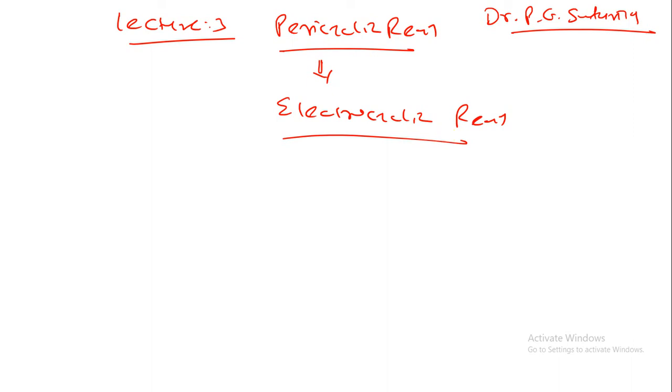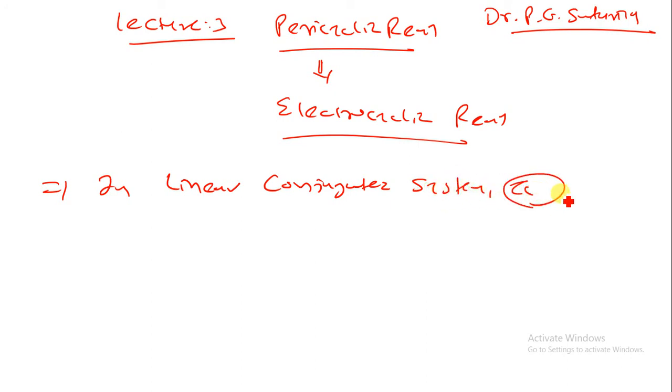In an electrocyclic reaction there is a linear conjugated system. When pi bonds form sigma bonds by the migration of electrons within the closed loop of interchanging orbitals, it is known as an electrocyclic reaction.